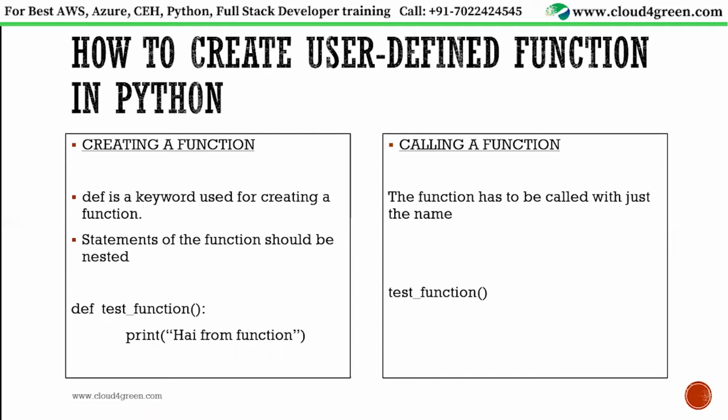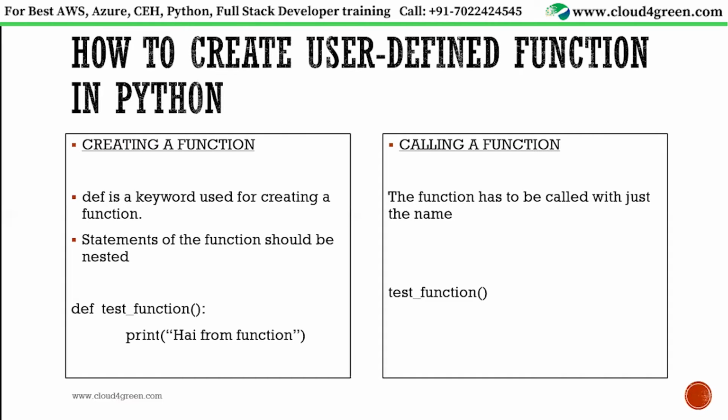Now, how will you create a function? First of all, remember, whenever you are creating a user-defined function, you should know why you are writing that particular function. What is the reason behind writing it? The functionality should be clear to the programmer, and only then should they start writing the function. Then, def is the keyword which you have to use for creating a function. Def is the keyword used for defining the function body.